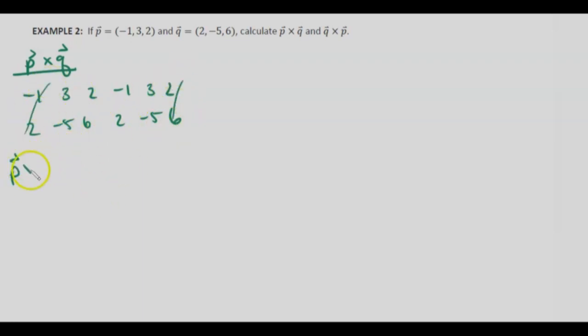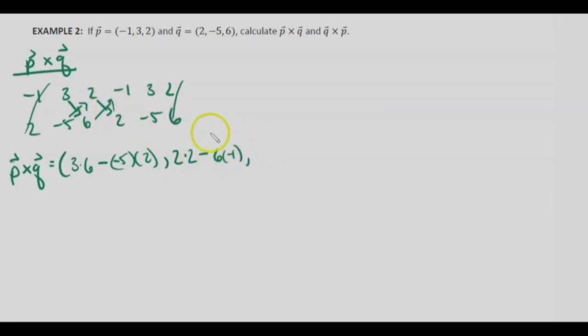So vector P cross vector Q is going to be 3 times 6 minus -5 times 2, comma, 2 times 2 minus 6 times -1, comma, -1 times -5 minus 2 times 3.